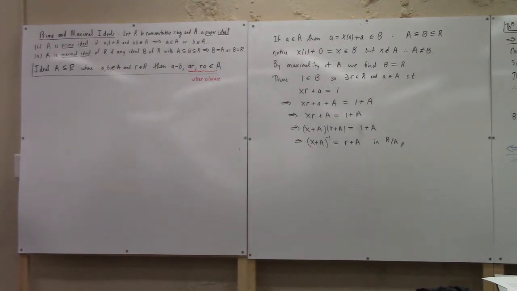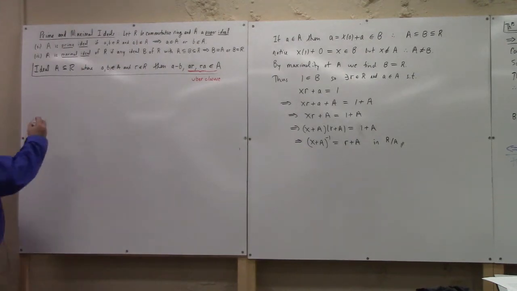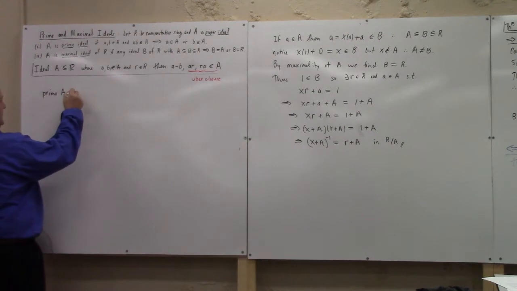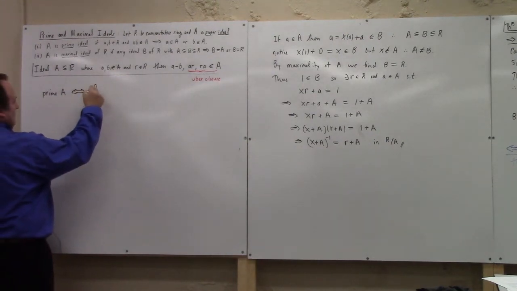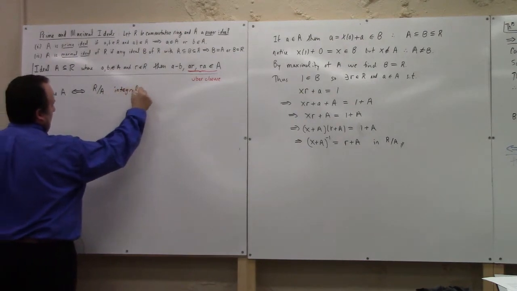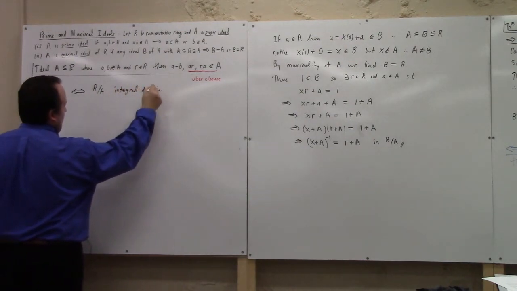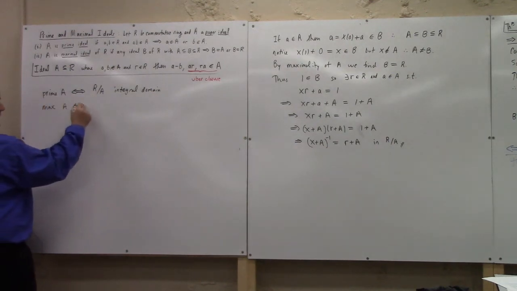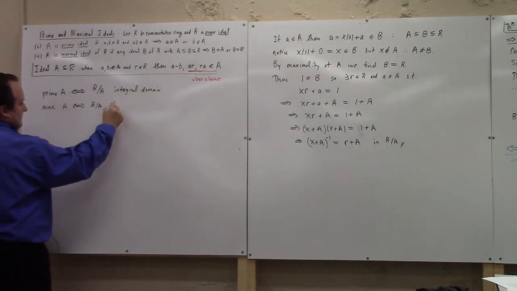That's an ideal, all right? But now we have the following result, right? Prime A says R by A is an integral domain, right? Maximal A, R by A is a field, right?